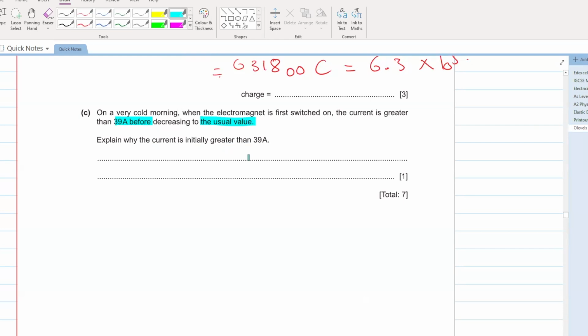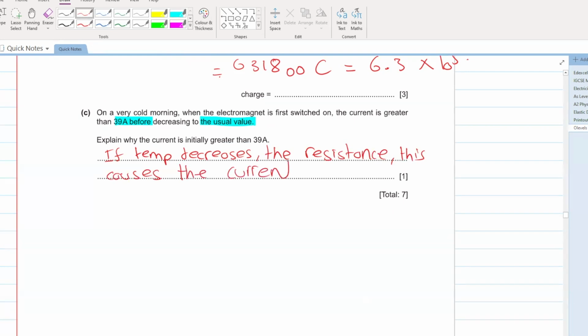Because if temperature decreases, the resistance decreases. This causes the current to increase. Simple answer, nothing complicated here.